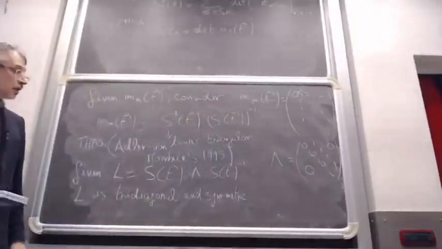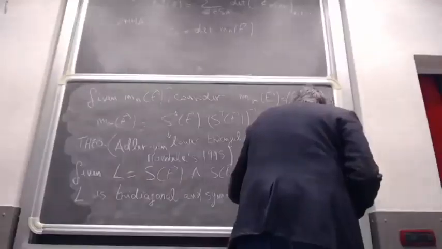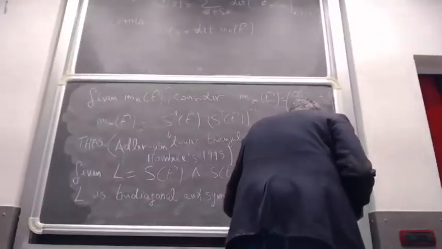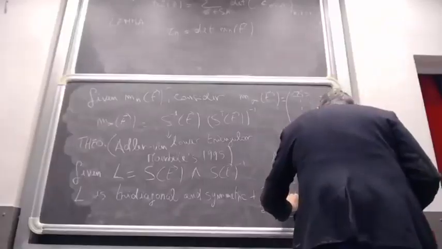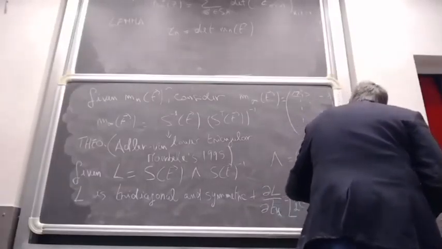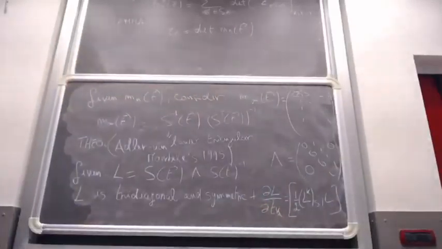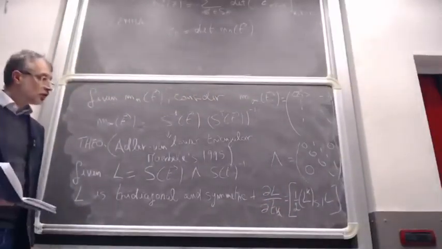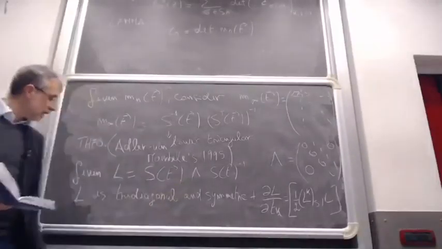Plus, the derivative of L with respect to tk is equal to the commutator of 1 over 2 L to the power k, skew-symmetric part, with L. I'm going to explain the notation in a moment. So L is defined in this way.